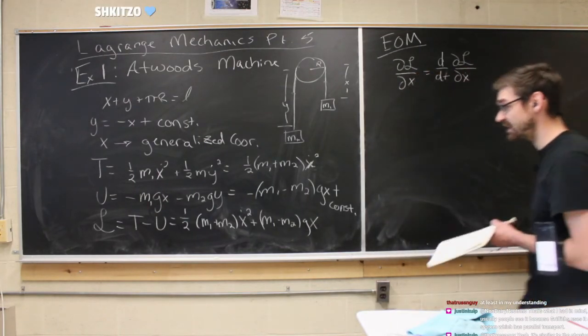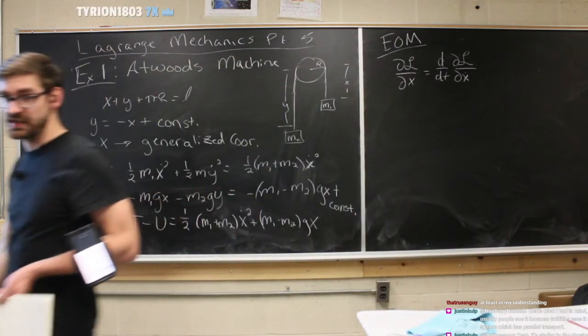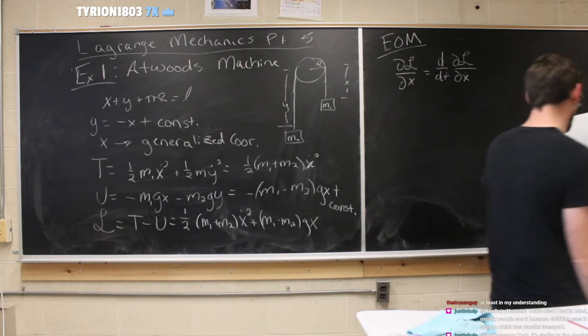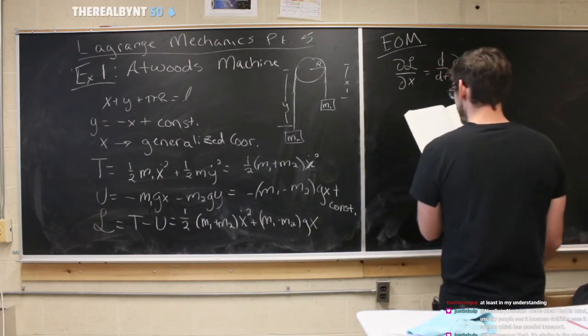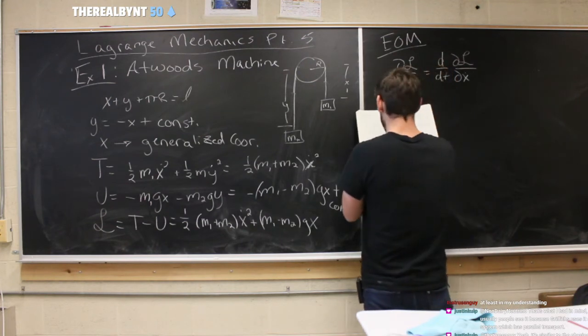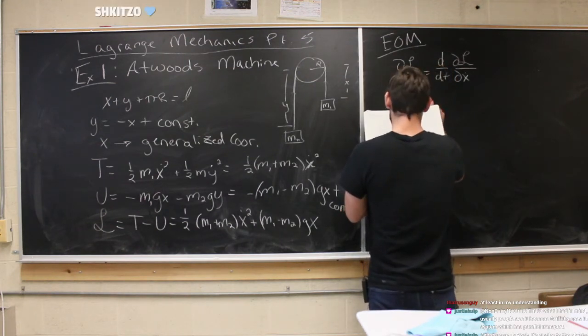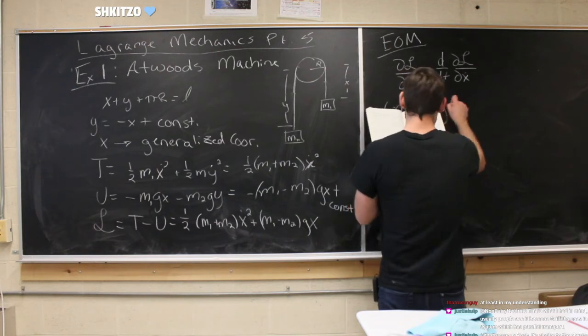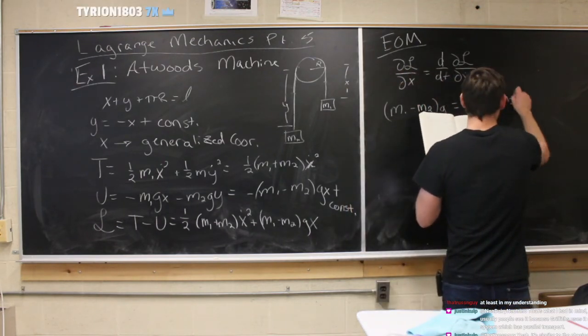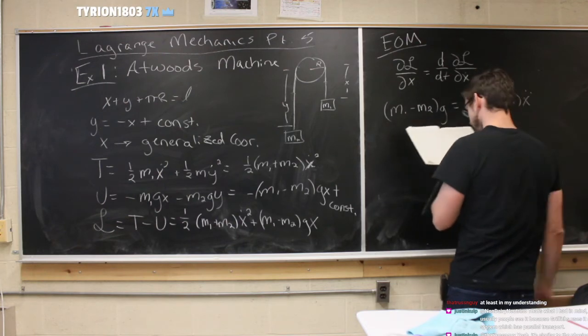Now this is our Lagrange equation for the equations of motion. We're going to evaluate this at every turn. Every time we get to this step, we're going to have to put in the pieces. So on the left-hand side, we'll get (m1 minus m2) times g, which is equal to (m1 plus m2) times x double dot.